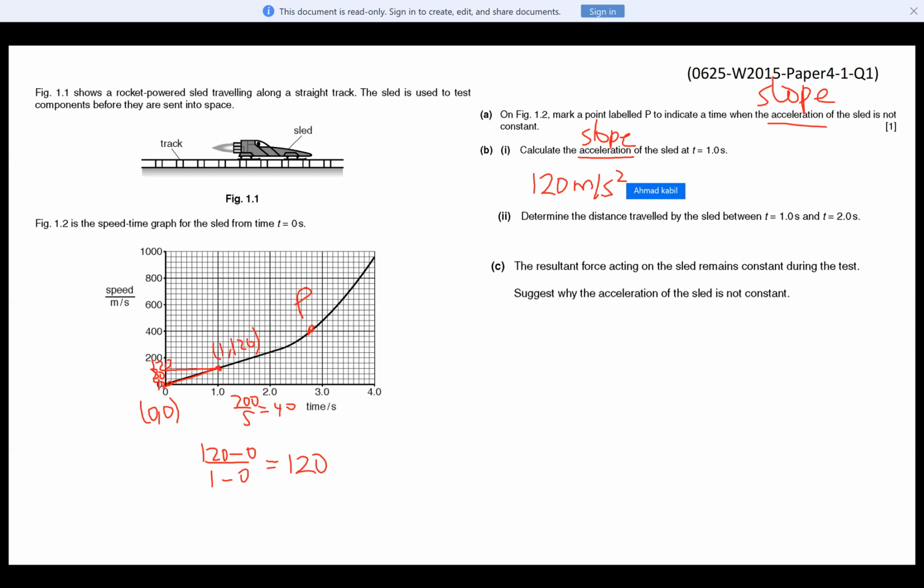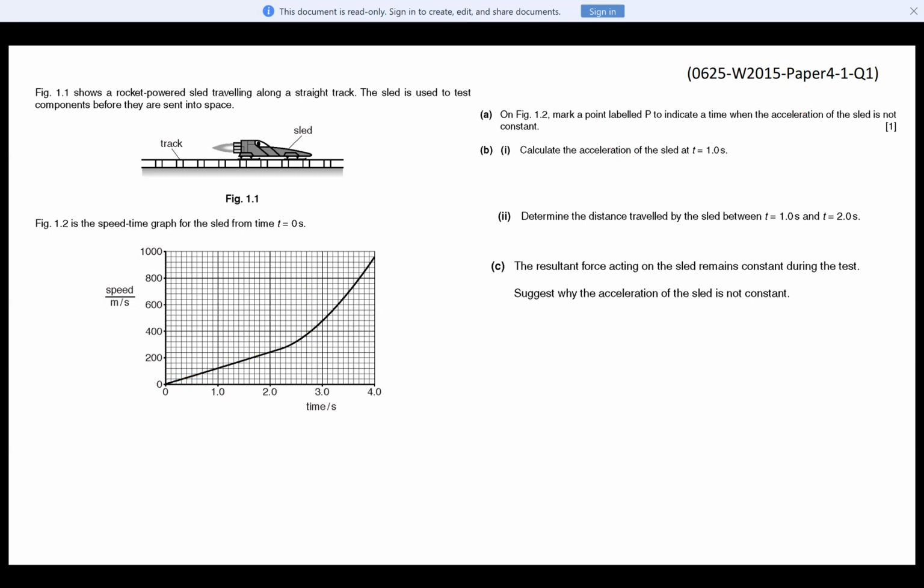Determine the distance traveled by the sled between t equals 1 and t equals 2. So let's get the points again. This point here we said is 1 and 120. And this point here would be 2 and 240, because we said that each box accounts for 40. And this is one box above the 200, if you can see here. It's exactly one box above, so it would be 240. Now we want to get the area of this shape.